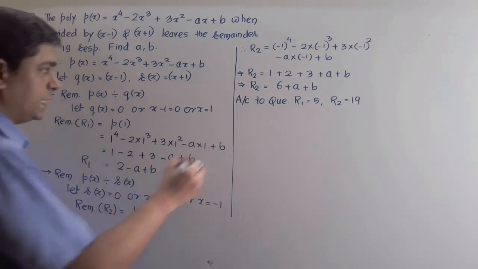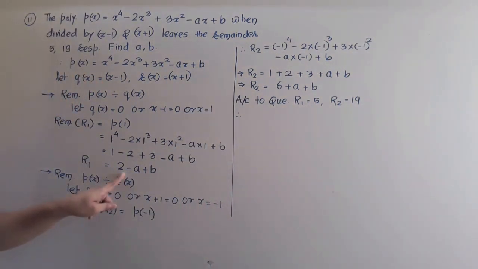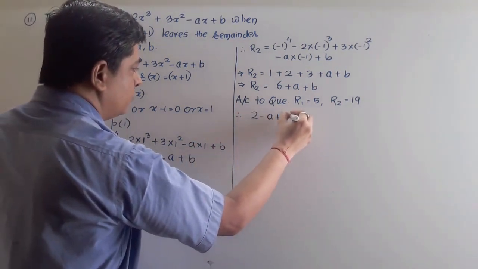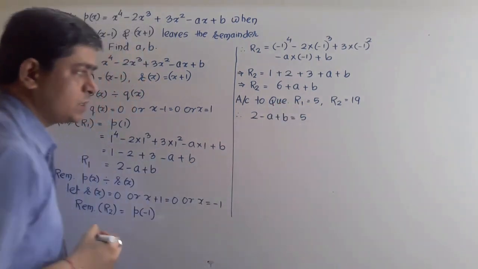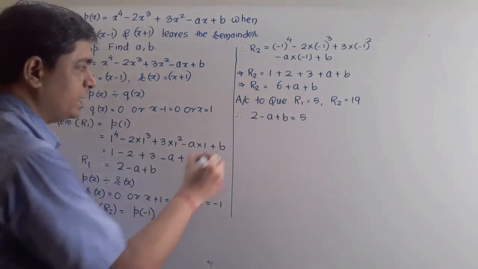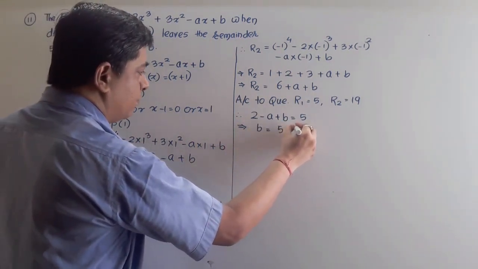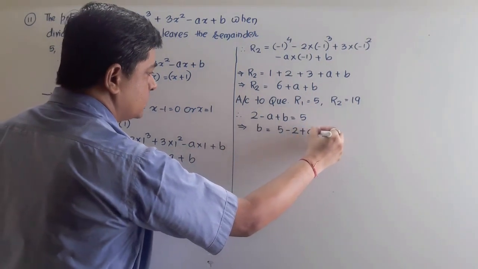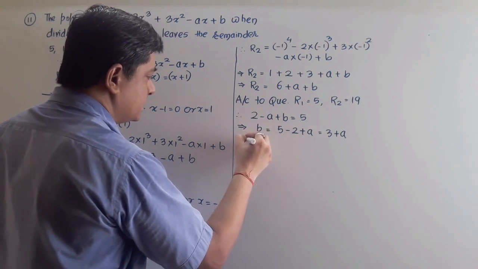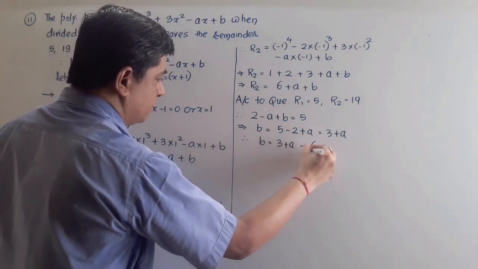If I put the value of R1 in this equation, I can say that 2 minus a plus b will be equal to 5, right? And if I send 2 and a to that side, I will get the value of b. b will be equal to 5 minus 2 plus a, so that will be 3 plus a. I can say b is equal to 3 plus a will be my equation number 1.